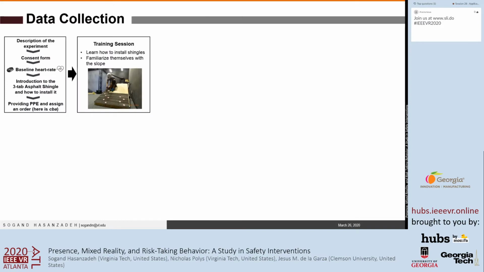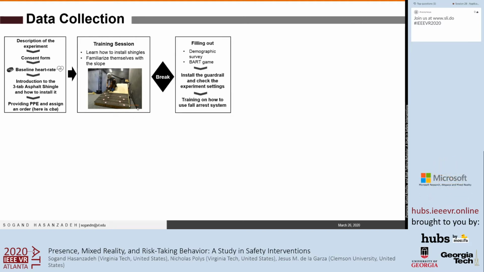In order to remove the order effect, the experimental conditions were counterbalanced, to make sure that we are studying the impact of the experimental conditions. So there were three orders, ABC, BAC, and CBA, and each participant was assigned to one of these orders.